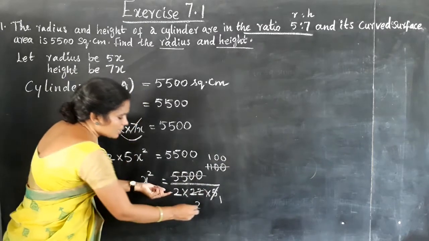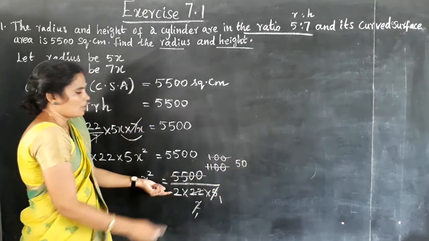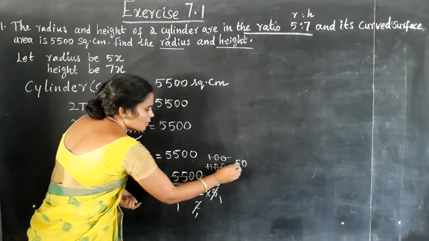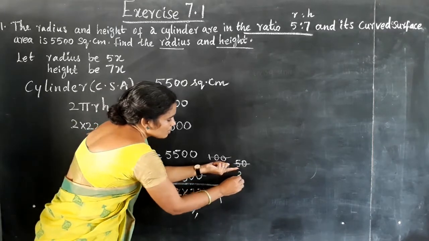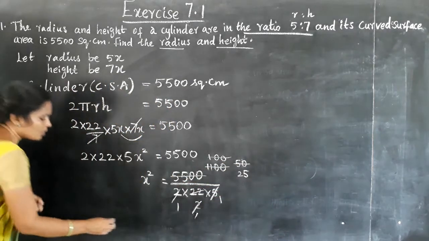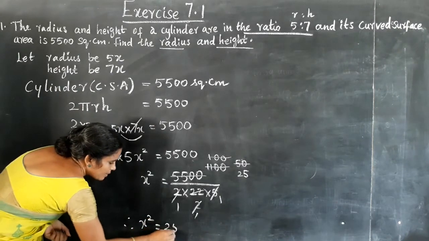So here you can see, 2 fives are 10 and this 0. Again 2 ones are 2, 2 twos are 4, remaining 1, 5 twos are 10. So therefore x square is equal to 25.